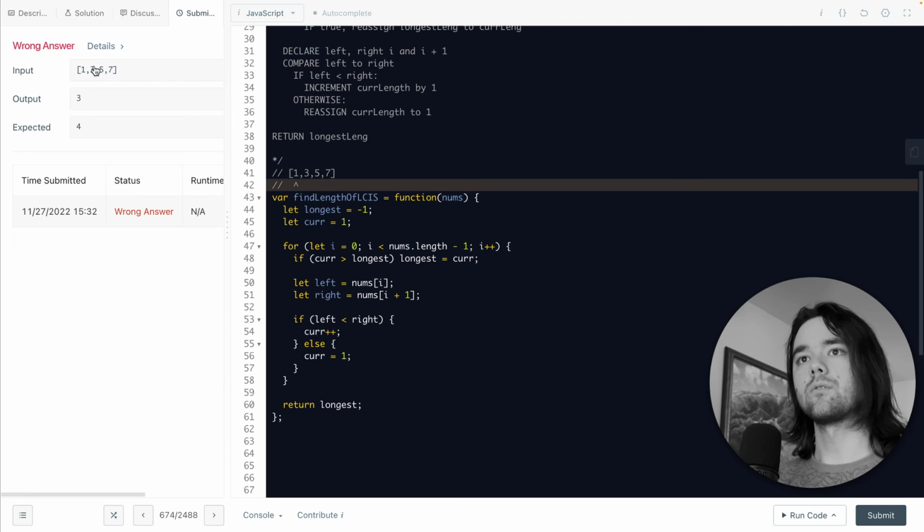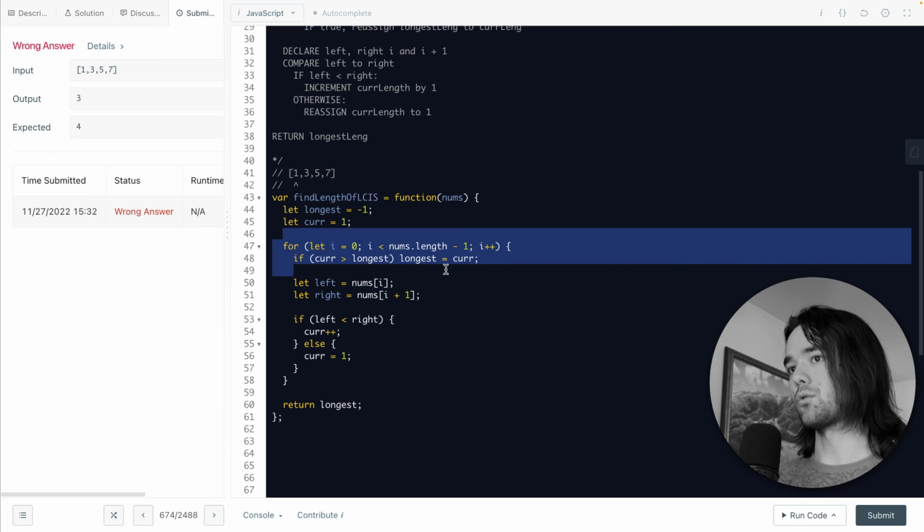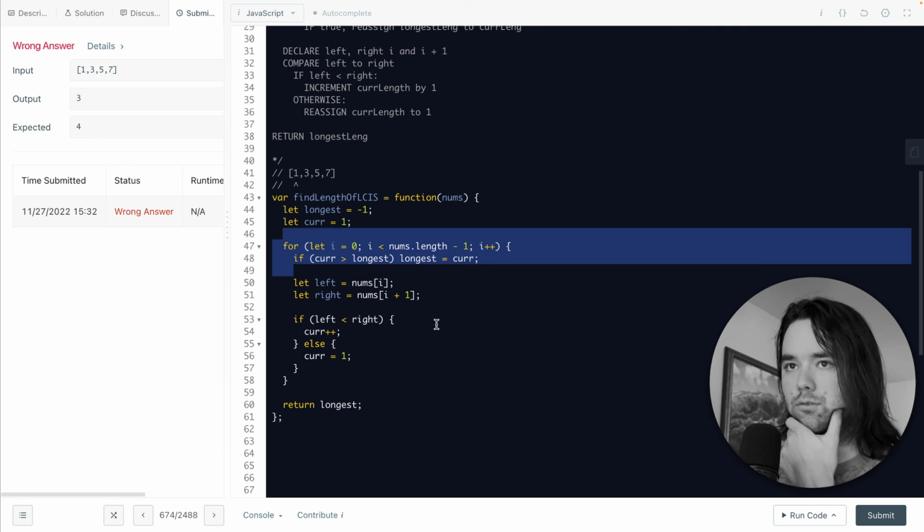And so the initial value of current is 1. So once we reach our loop and we compare them, there's essentially 3 comparisons happening throughout. So that should produce 4. Yeah, our function is returning 3 instead of 4.